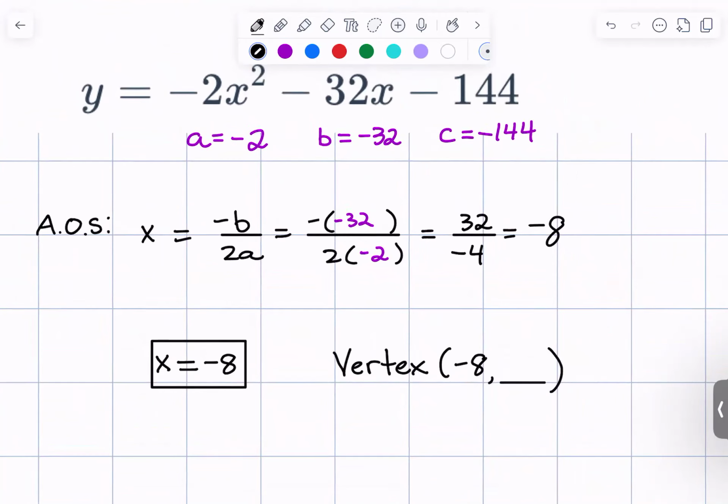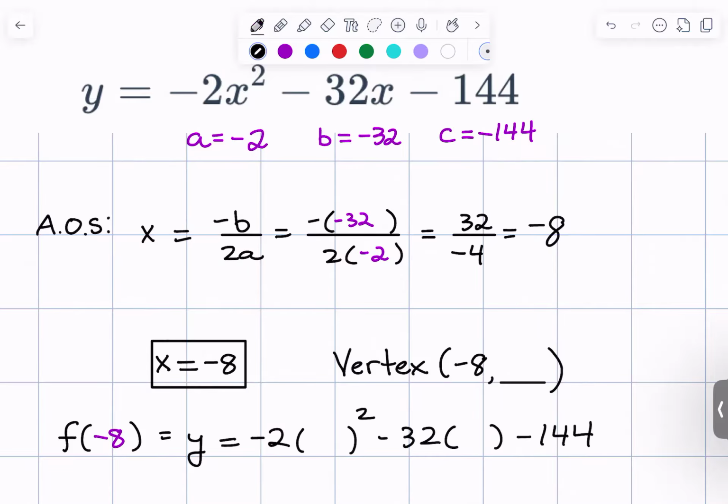Here, what I need to do is figure out what my y is. I get it if I plug in -8 back into my function. So f of -8, which equals y, equals -2 times -8 squared minus 32 times -8 minus 144.